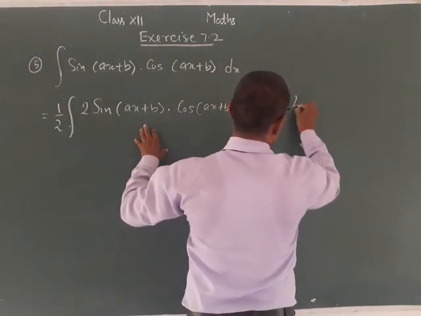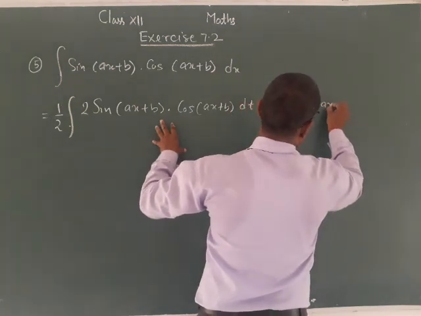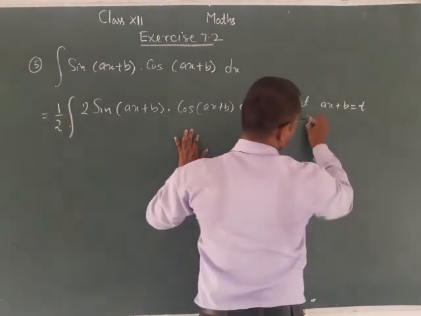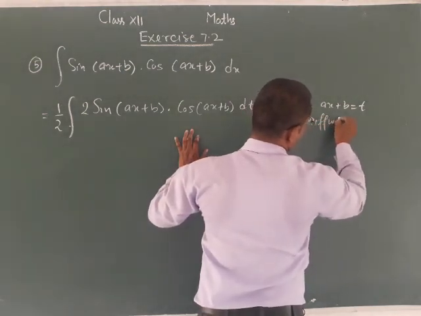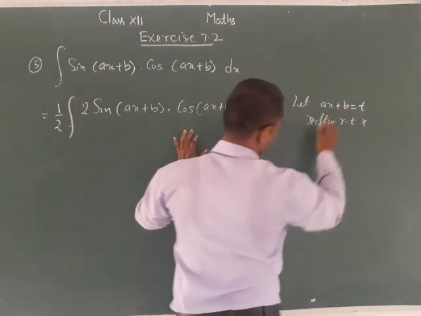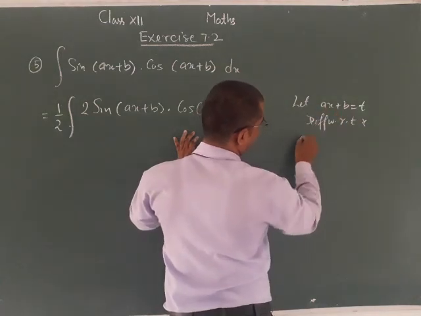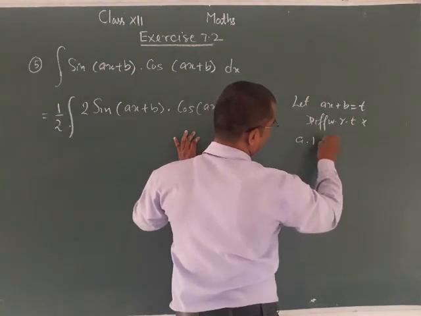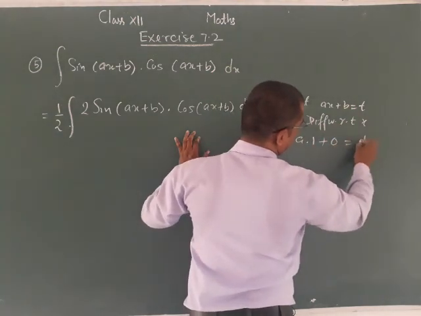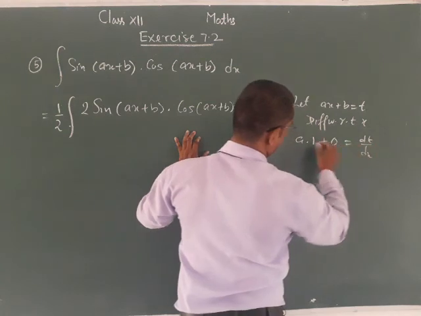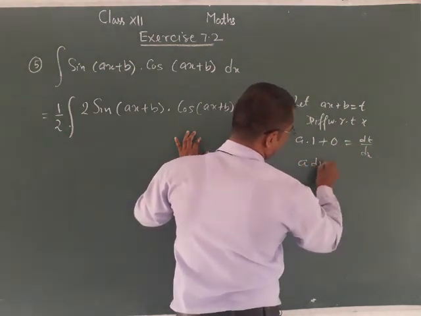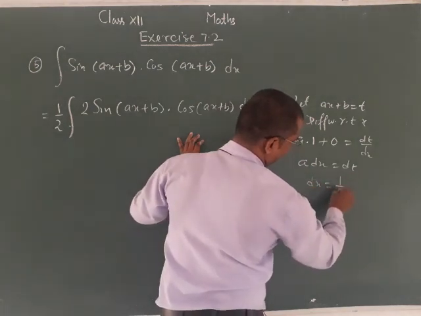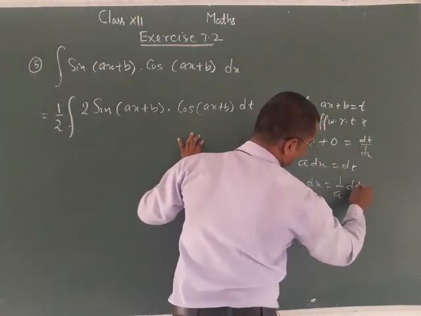Now let ax plus b be equal to t. Differentiate with respect to x. The derivative of ax is a and of the constant is 0, which equals dt upon dx. So a dx is equal to dt and dx is equal to 1 upon a dt.